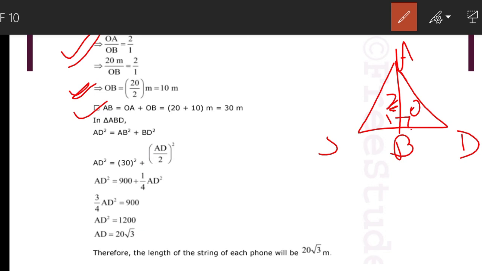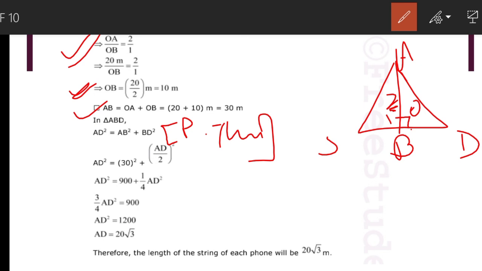AB is perpendicular. So now we will consider the big triangle ABD. This is a right angle triangle, so we are using Pythagoras theorem again. Here AD square is equal to AB square plus BD square. We need to find a side of the equilateral triangle, so we keep AD square as it is.